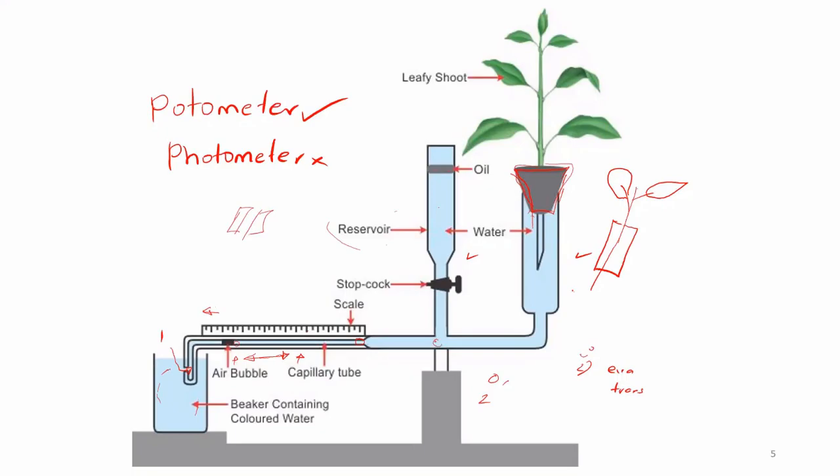But in that time you can't calculate or measure. Therefore, the air bubble should be brought back to this position again. That's why the reservoir should be open, to allow the air bubble to move in this direction, from here to here.